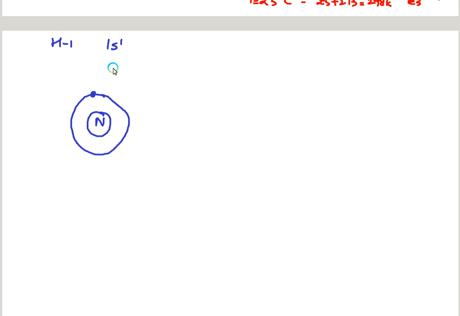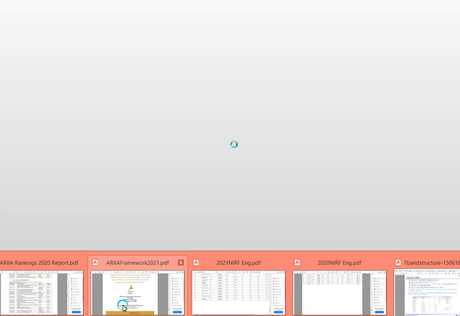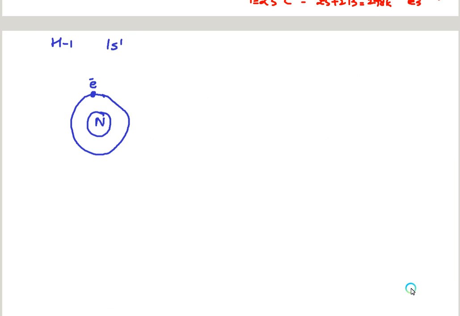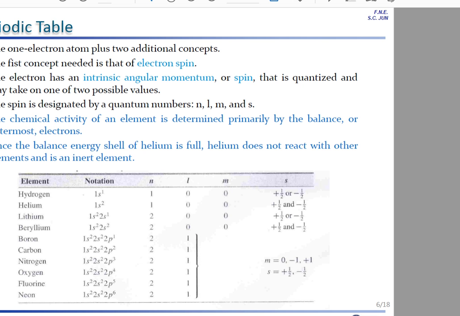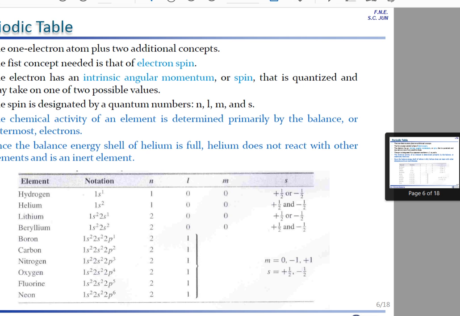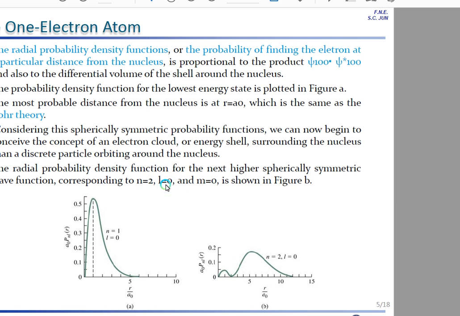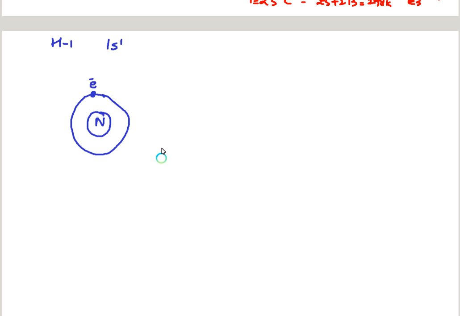Okay, so this electron is here. Now this electron, one electron atom, what does it say? It says that this electron around the nucleus appears like a what? What does it appear like? What we saw, if we show its probability density function, because the electron is denoted by psi. Psi is the wave function, but psi does not have a physical significance.